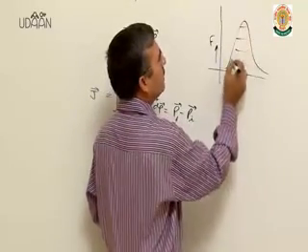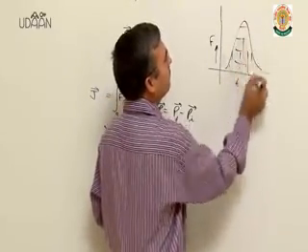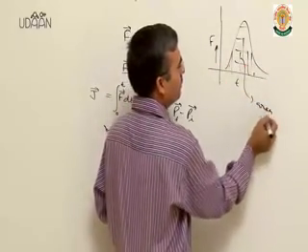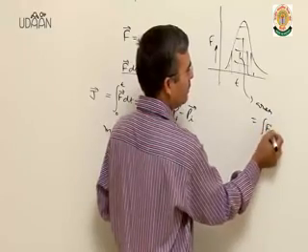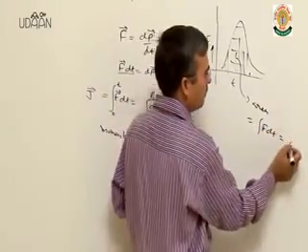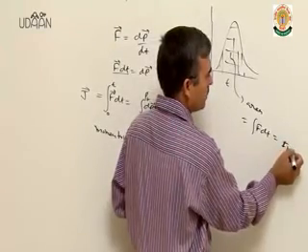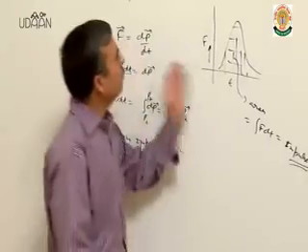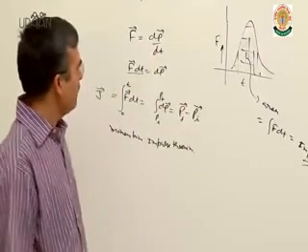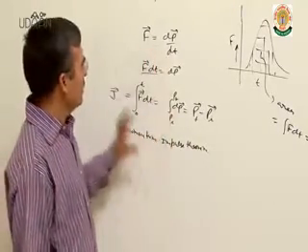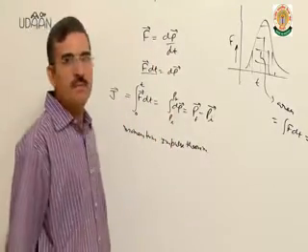The area between the force and time graph, that is F dt, is the impulse, found with the help of the force-time graph. Clear? Now we will discuss some problems based on this very important concept.